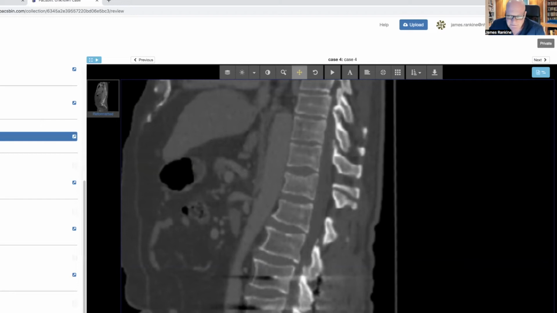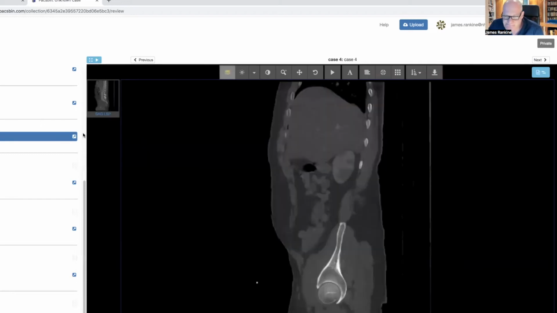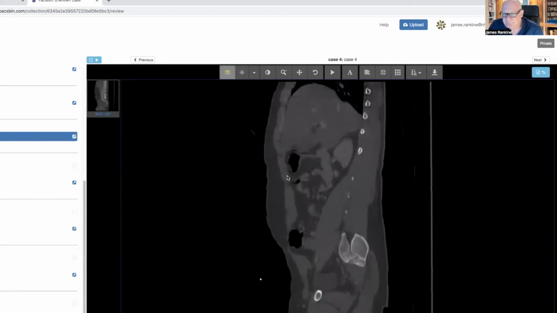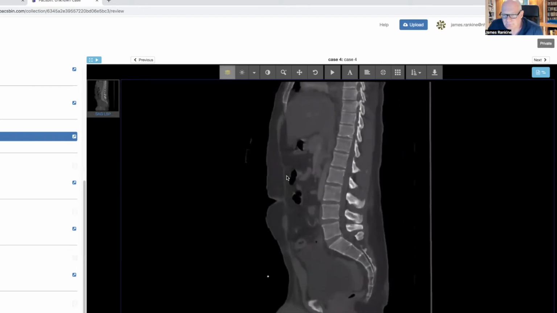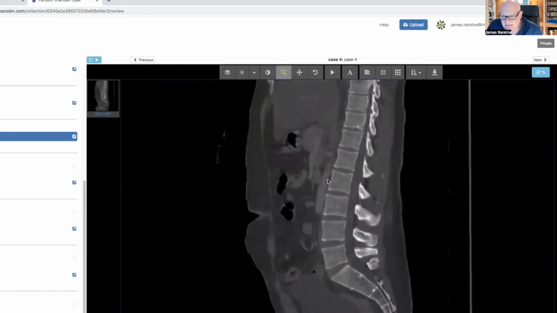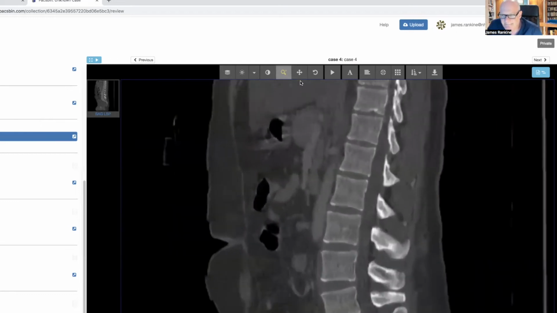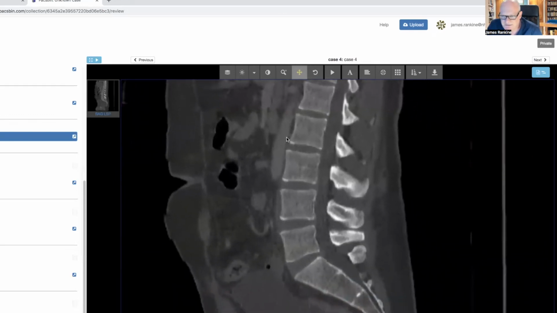Now let's move on to case 4. Have a look at this and see what you think. I'll just walk slowly through this.